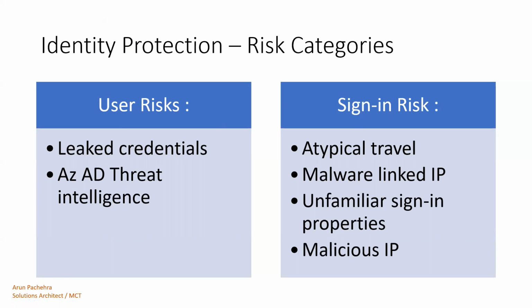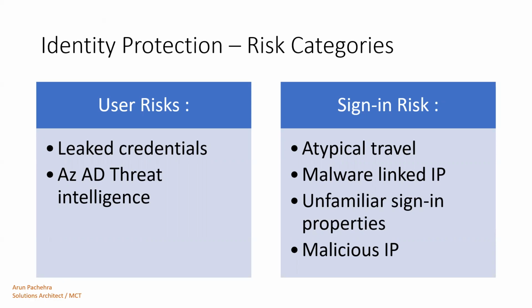User risk represents the likelihood that a user account has been compromised. Identity Protection can detect user risk types. As you can see, I have given two examples. Leaked credentials: this feature detects whether a user's valid credentials have been leaked on the dark web, public paste sites, or other sources such as law enforcement agencies.